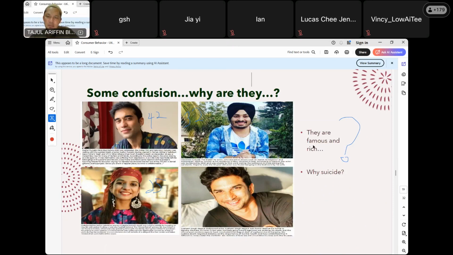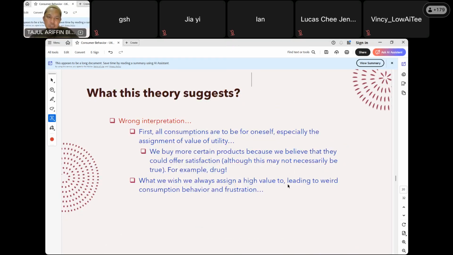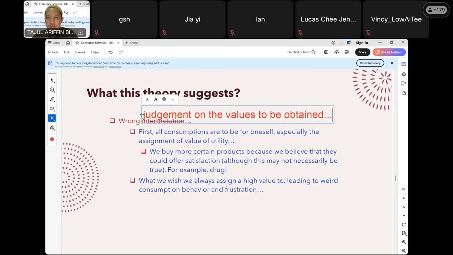Hopefully we can be happy throughout our entire life. So this is basically the conclusion. Actually, it's not a wrong interpretation, but more a wrong valuation, wrong judgment on the value to be obtained.